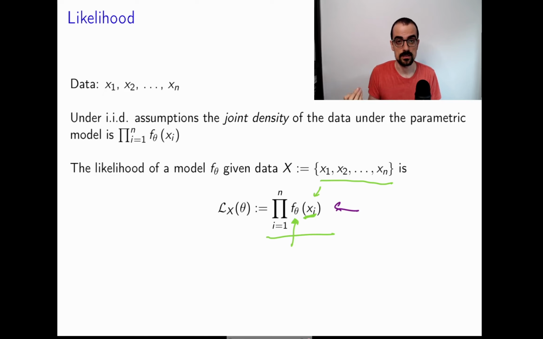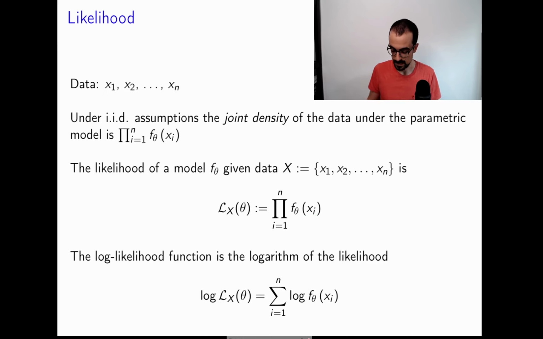So because of this, we usually put a logarithm in front for numerical stability, and we talk about the log likelihood, exactly as we did in the case of the discrete likelihood function. Given that I brought up the discrete likelihood function, this is exactly the same expression, except that we are replacing the probabilities, the PMFs, by densities. Otherwise, we're going to do exactly the same thing.